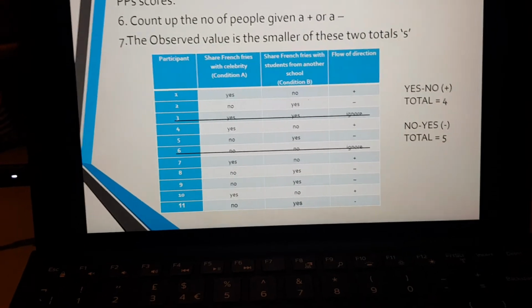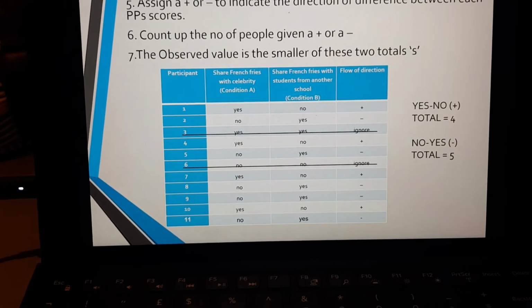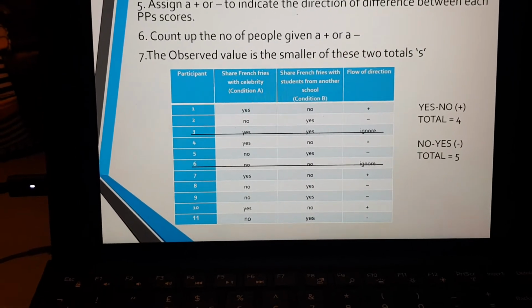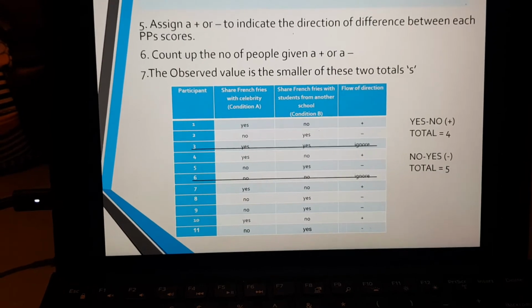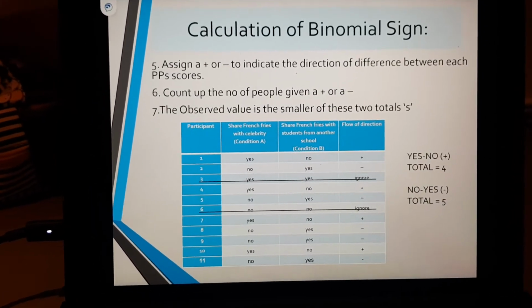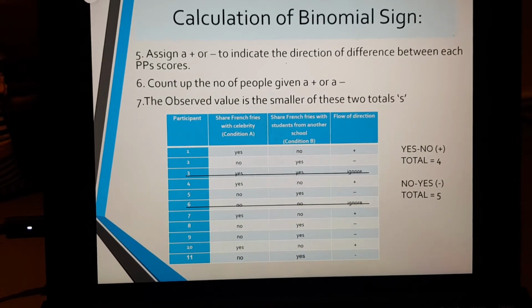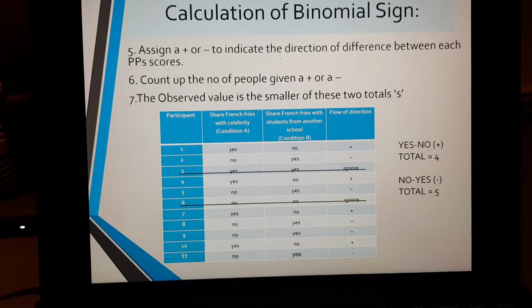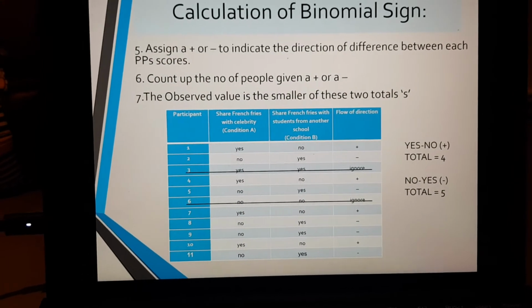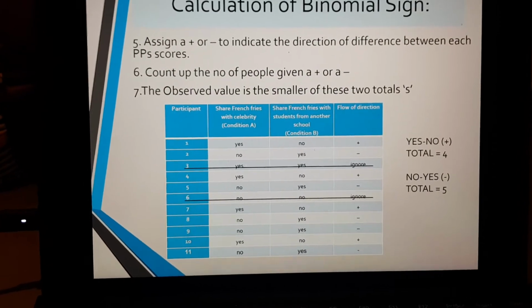So if we added up our pluses, we'd get 4 participants, and if we added up our minuses, then we would get 5. Okay, so in this case, one of the rules of binomial sign is that the smaller of the two, so are the pluses smaller, are the minuses smaller, the smaller of the two would be your observed value.